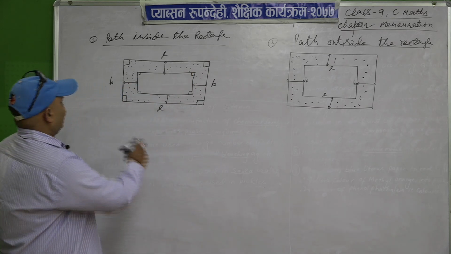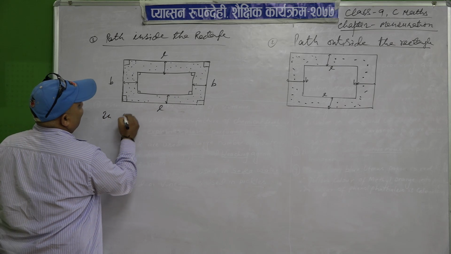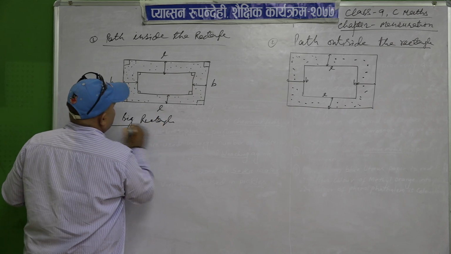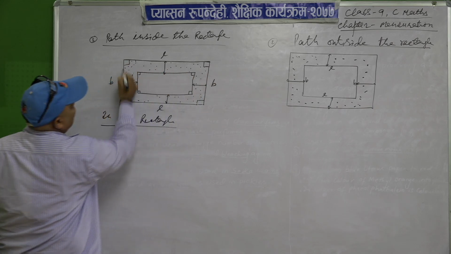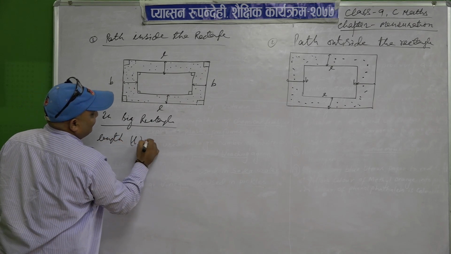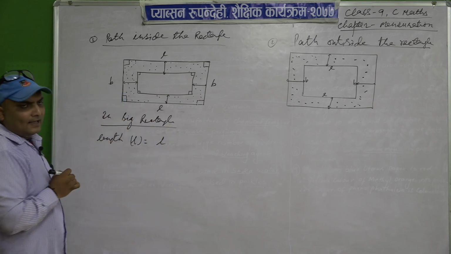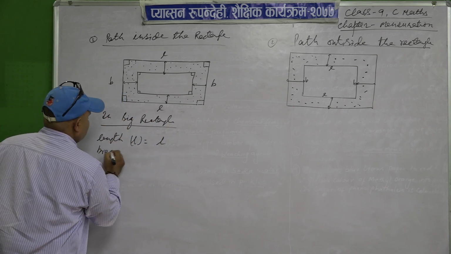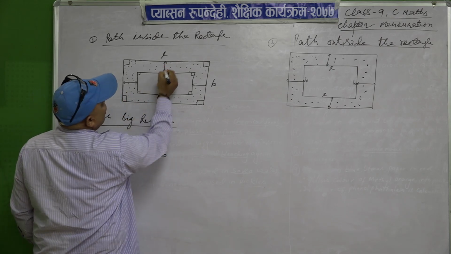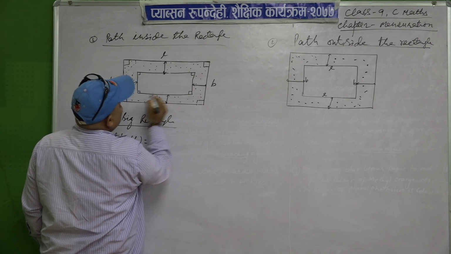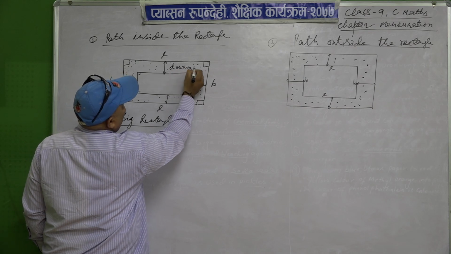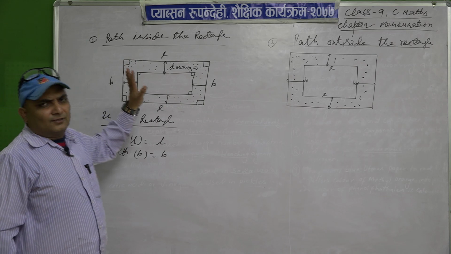Okay. Now, as we have done yesterday, in the big rectangle, the length L is given, you can write L, and the breadth B is also given. And one thing, suppose this uniform width is given by D, or you can use X, or Y, W, or any other alphabet.